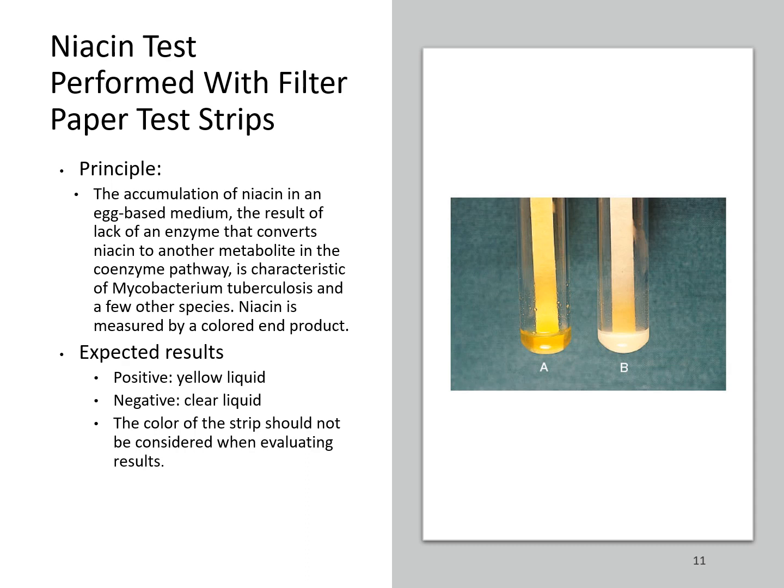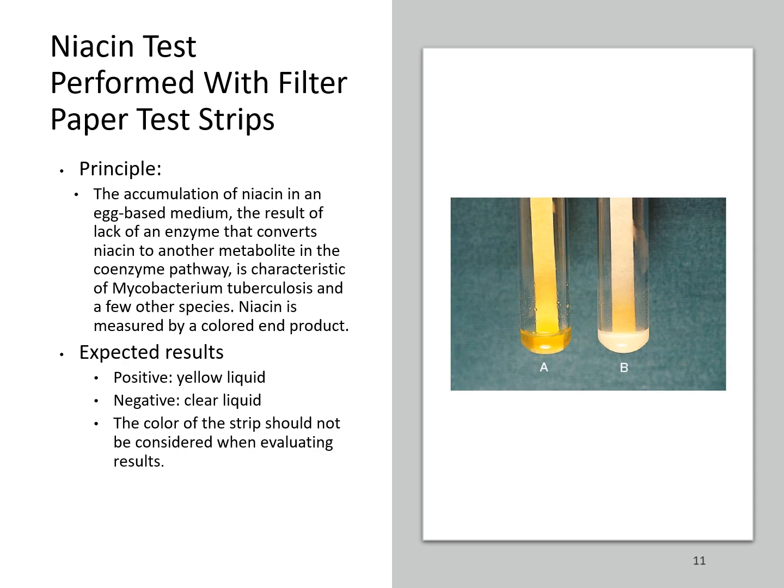With niacin tests, we're looking for the accumulation of niacin in an egg-based medium, and this results from the lack of an enzyme that's able to convert the niacin to another metabolite in the coenzyme pathway. And so this is characteristic of Mycobacterium tuberculosis, and there are also a few other organisms that will present like this.